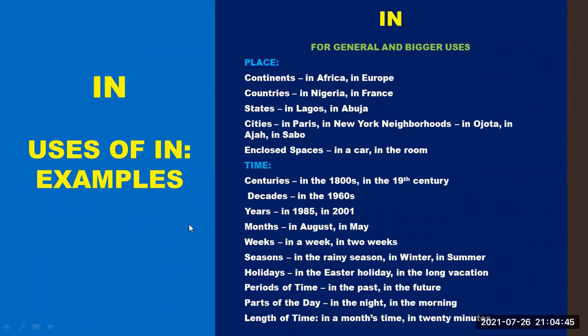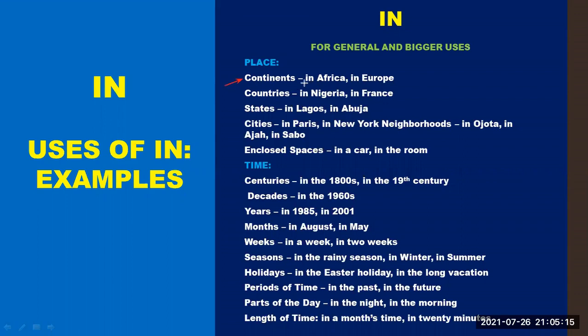Now we want to begin with in. We want to look at uses of in, and we see examples of how we use in. As I earlier mentioned, the preposition in is used for general and bigger uses. And when we are talking about place, we begin with continents.